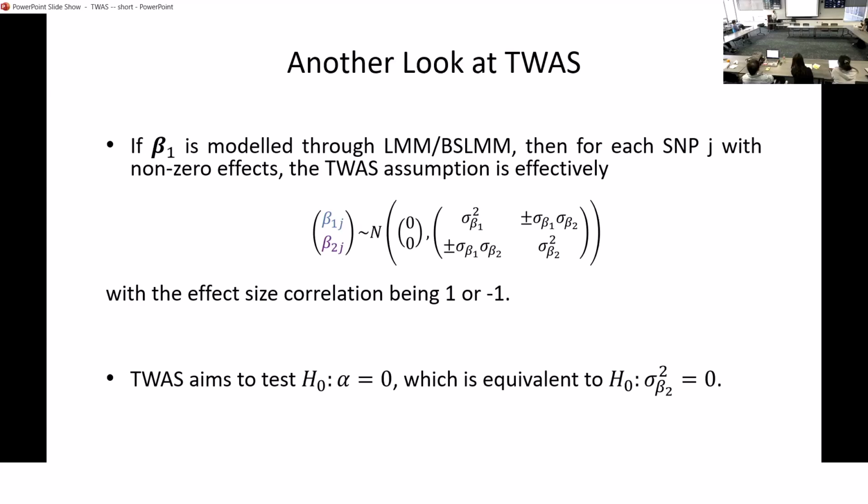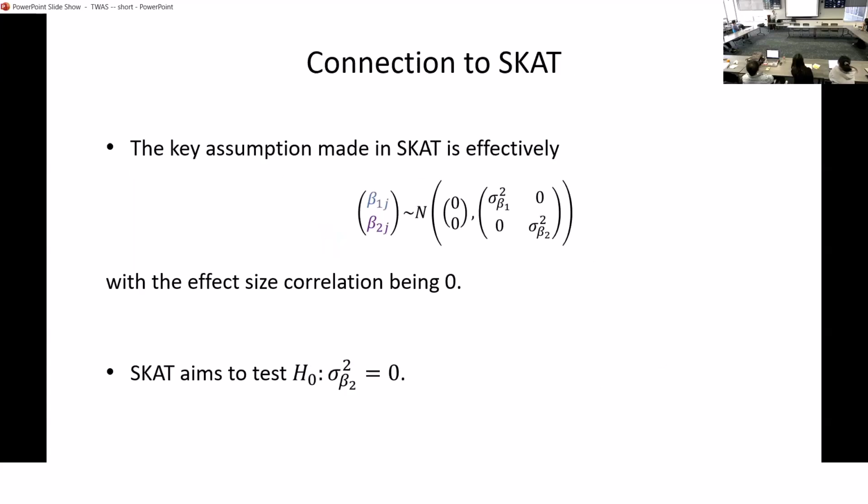And TWAS basically aims to test whether alpha is equal to 0 or not. And in this case, it's also equivalent to testing whether that variance component sigma beta square is 0 or not. Now, once we arrive at this stage, this equation looks very familiar because that goes to a SKAT assumption. SKAT is never used for integrating eQTL mapping studies with GWAS. SKAT is primarily used for rare variant tests.